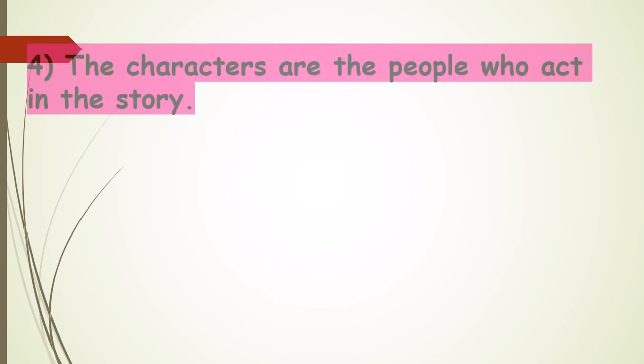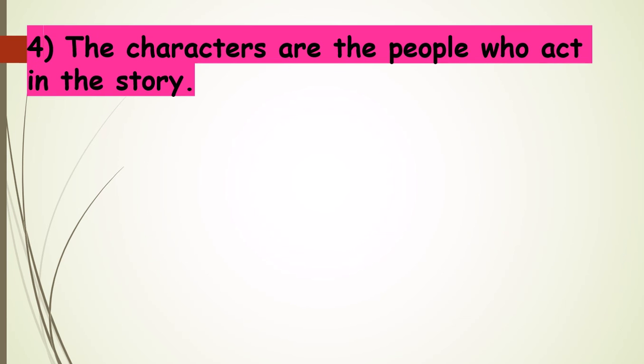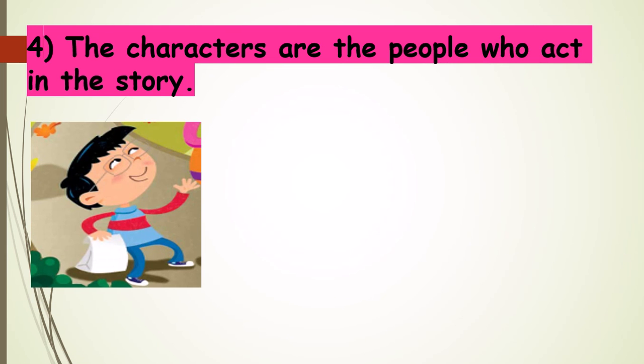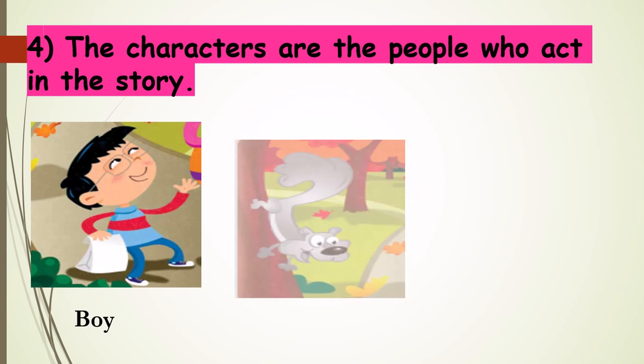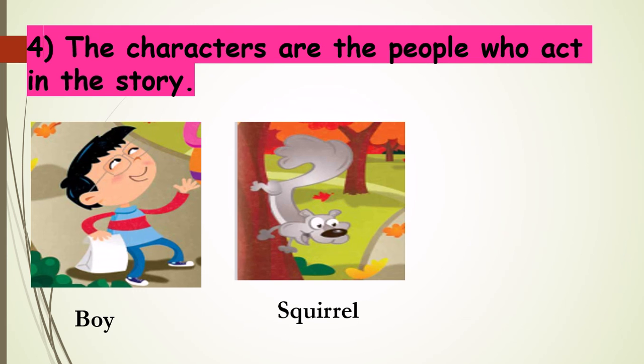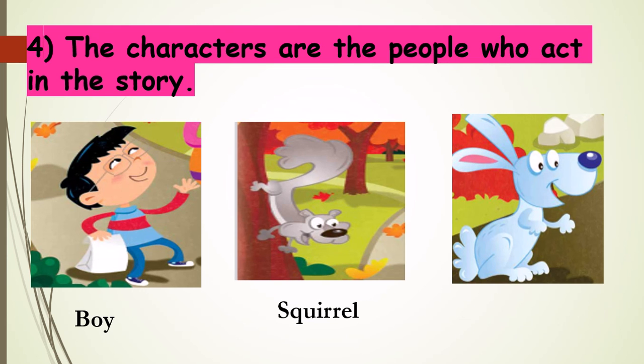How many characters did we have in our story? Who are the characters at first? The characters are the people who act in the story. Let's see. Who is this? The boy. Squirrel, excellent. Rabbit. These are the first three characters.